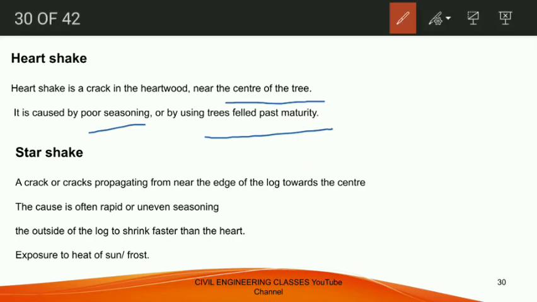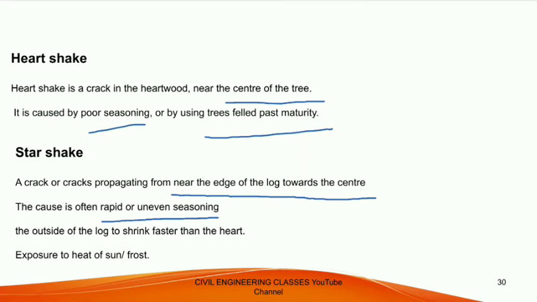Star shake means cracks propagating from the edges of the log towards the center. This can be caused by rapid or uneven seasoning. The outside of the log will shrink faster and it will crack. It may also be caused by exposure to the sun or frost. This is called star shake.